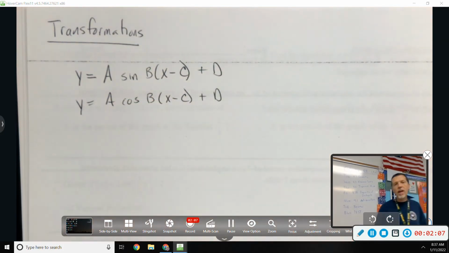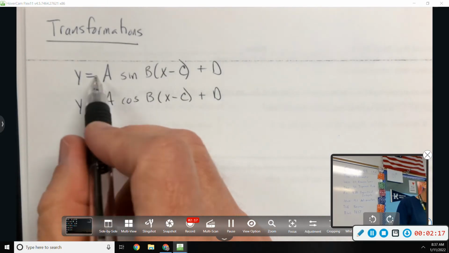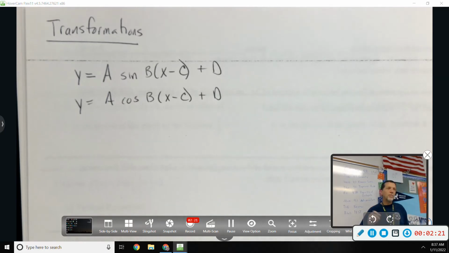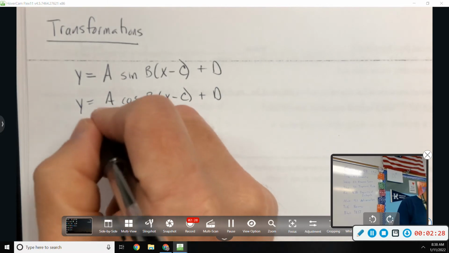Or tangent, for that matter. But mostly it's sine and cosine that we deal with. So again, we're going to briefly go through A, B, C, D, talk about what each of them means just briefly, and then we'll go in depth on some of them today and some of them tomorrow.